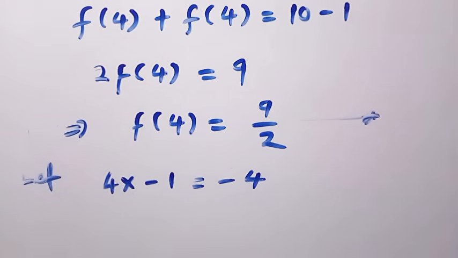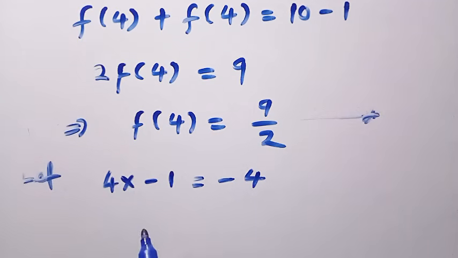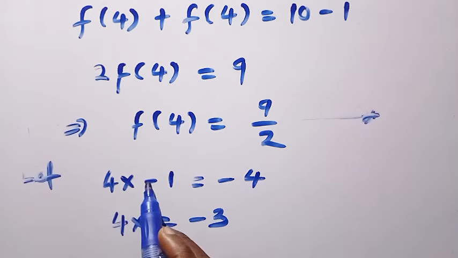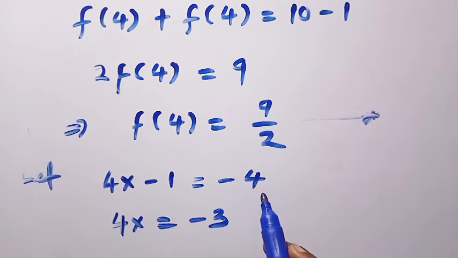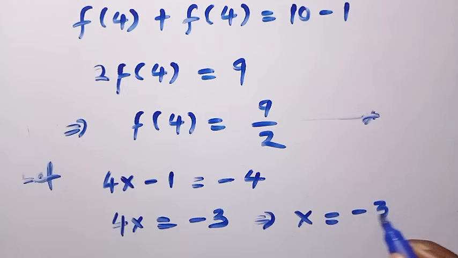We also make x the subject of the formula, so we have 4x equals minus 3, because when this minus 1 comes here, it becomes positive, and minus 4 plus 1 is minus 3. So x equals minus 3 divided by 4 when we divide both sides by 4.